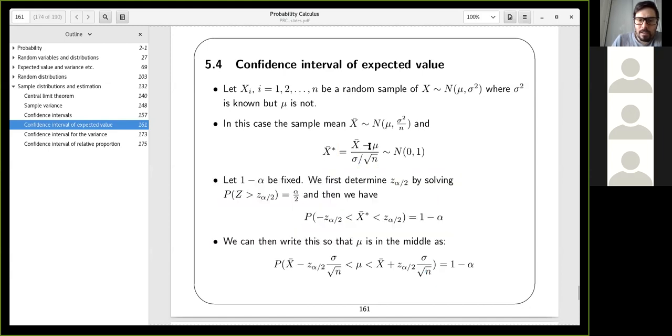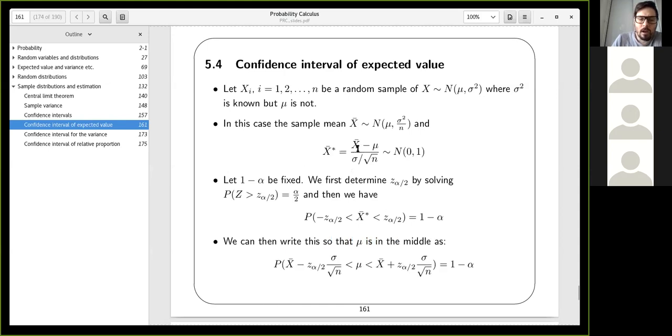Then we are left with x bar minus mu in the middle, and then we shift these, put everything to minus, which changes the direction, but this remains as it is.